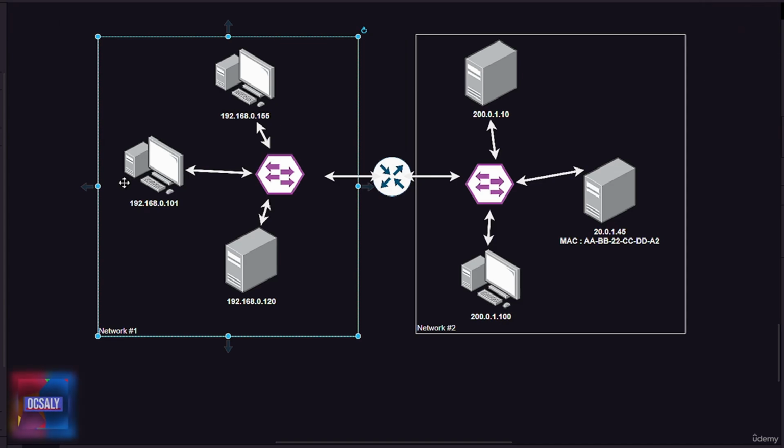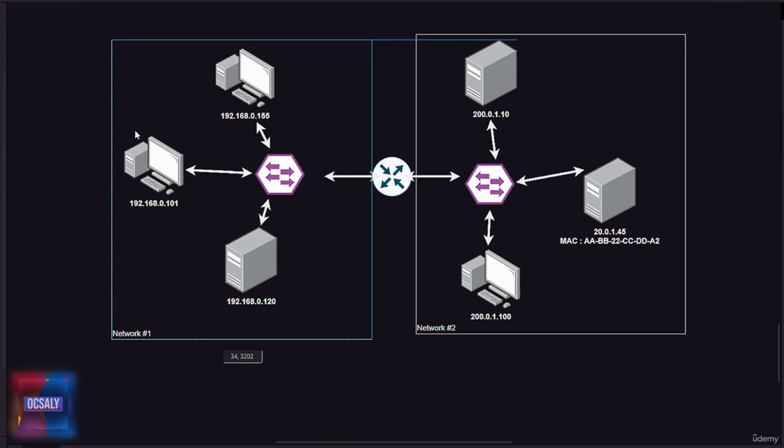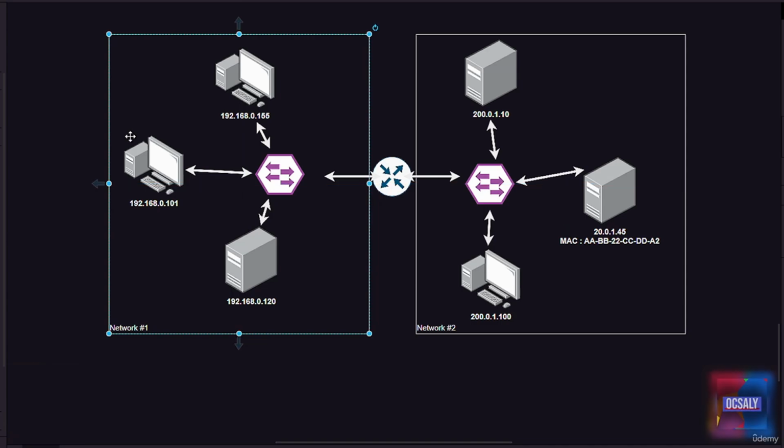Then the operating system uses ARP, the Address Resolution Protocol, to look up the router's MAC address at this IP address, 192.168.0.101. The original IP packet is encapsulated within an Ethernet frame with that MAC address.